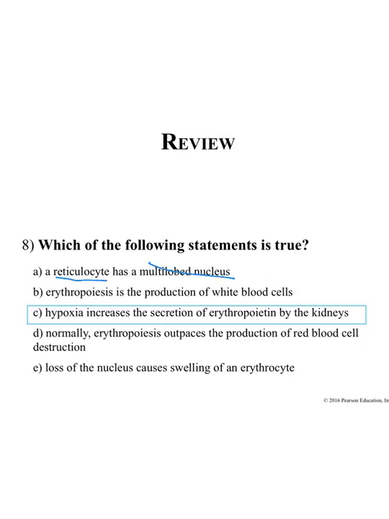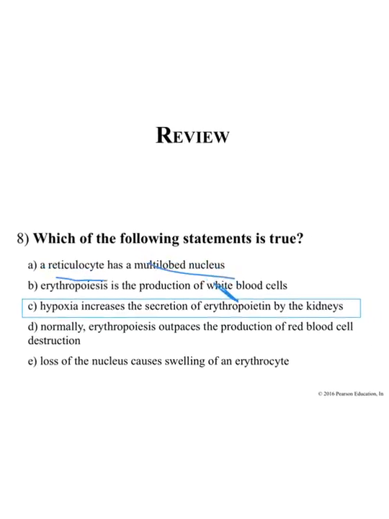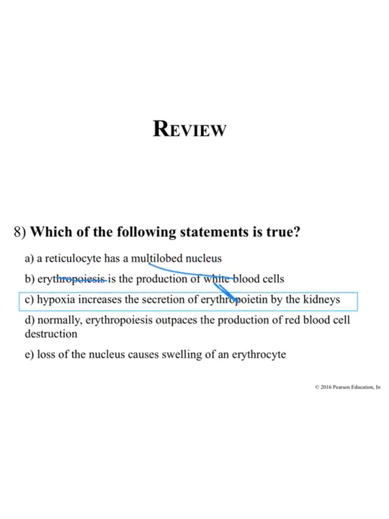Erythropoiesis is the production of red blood cells, not white blood cells, so that is a false statement. Typically, erythropoiesis and red blood cell destruction should be about equal because you want to keep the hematocrit about the same and therefore the blood viscosity the same. So that's not true. And loss of the nucleus does not cause swelling whatsoever of the erythrocyte.